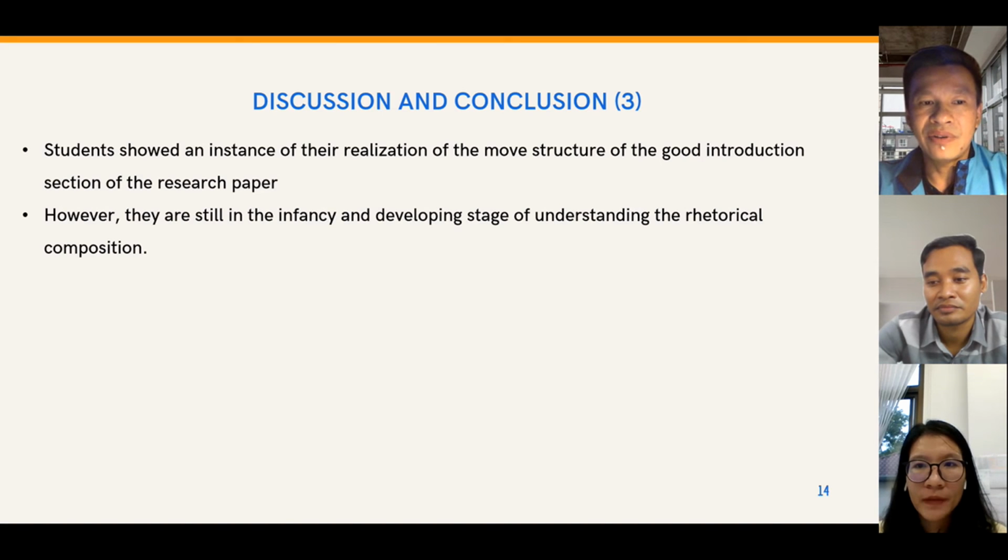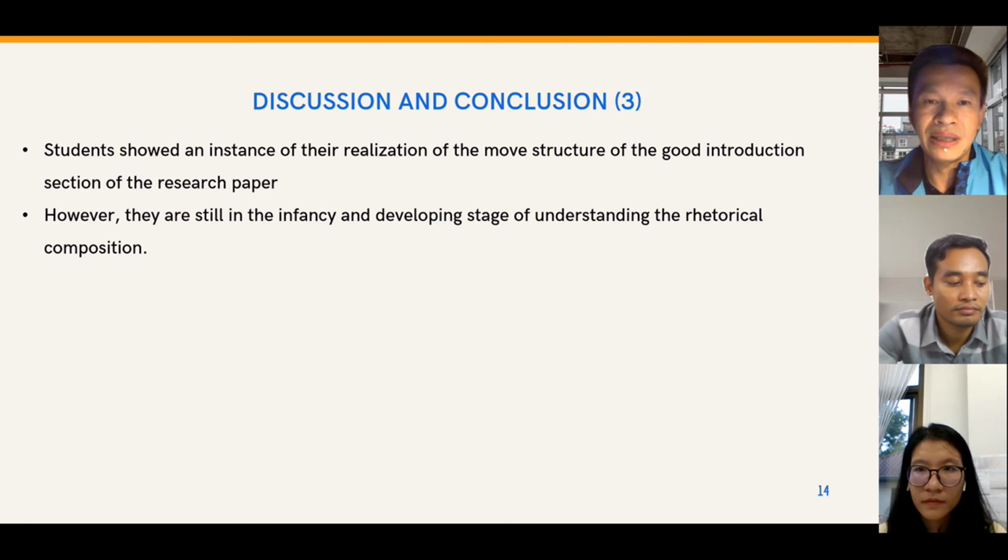And at the same time, for the second level of the text organization in terms of the micro features, especially the grammatical structures, it can be seen that the tense choices are very important for Move 1A and Move 1B, for claiming centrality and also reviewing the past literature.